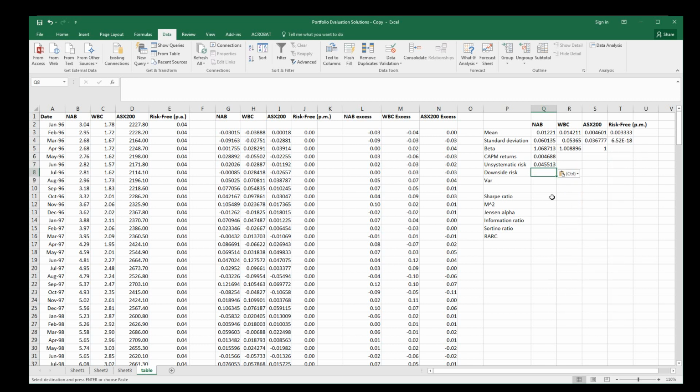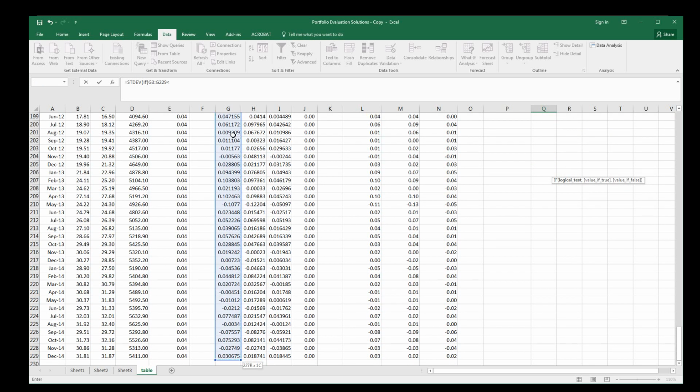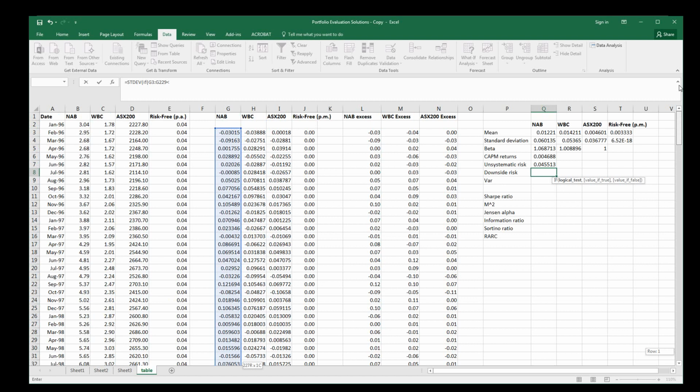Then downside risk. To calculate downside risk, we will take the standard deviation of the returns that are less than the mean return. So first of all, the standard deviation formula, if this range is less than the mean, then take the standard deviation.